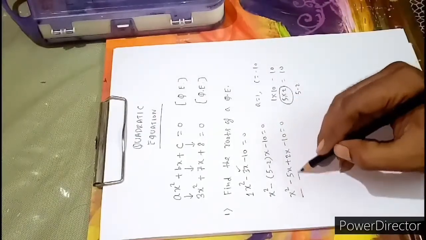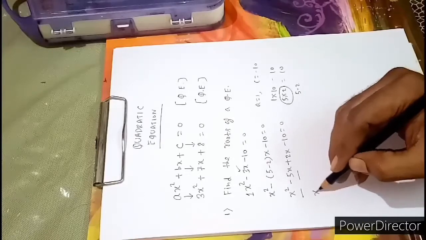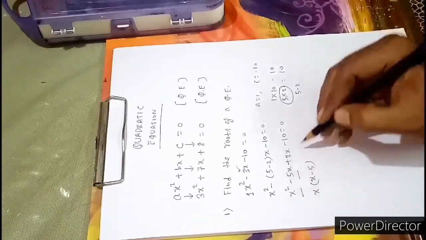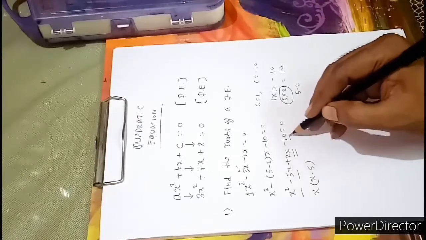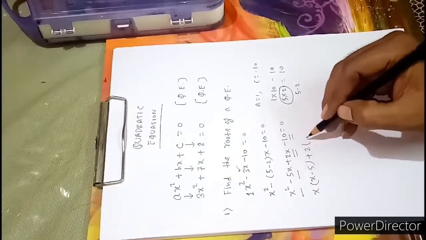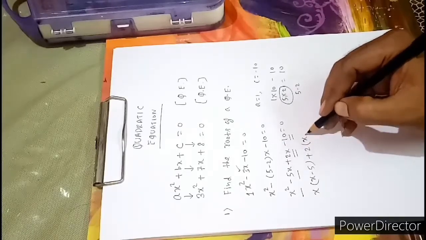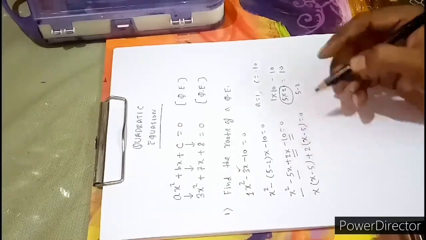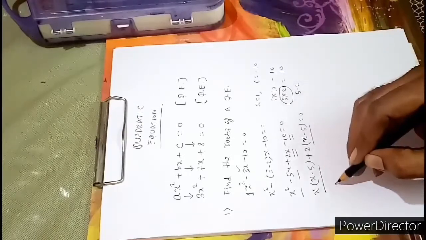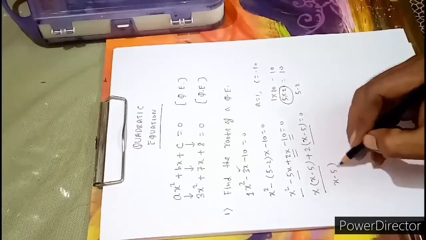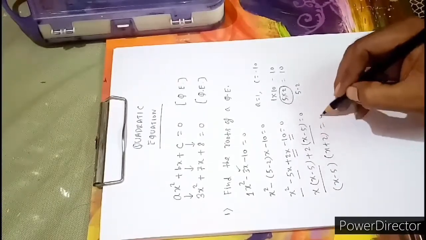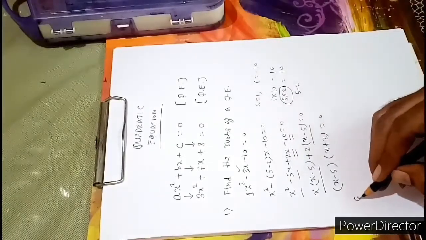Now if I take x common between these two, we are left with x minus 5, and if we take common between 2x and minus 10, we get 2 as common, and inside the bracket we get x minus 5 equals 0. Now in these we are getting x minus 5 as common, and we are left with x plus 2 equals 0.